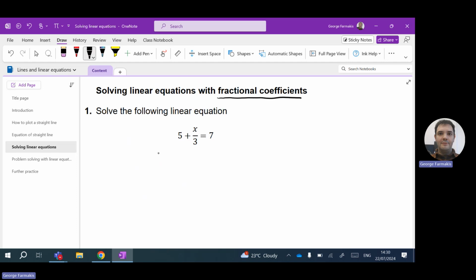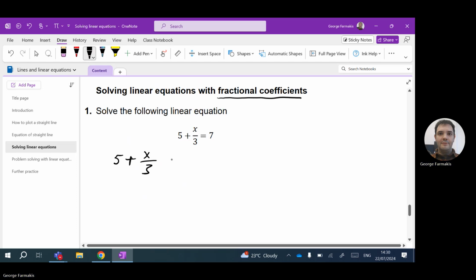So here, if I subtract 5 first from both sides, I'll get 7 minus 5. The 5s here cancel. x over 3 is equal to 2. 7 minus 5 is equal to 2. Now here I have x over 3. So 3 divides x. If I want to get rid of the 3, I do the opposite.